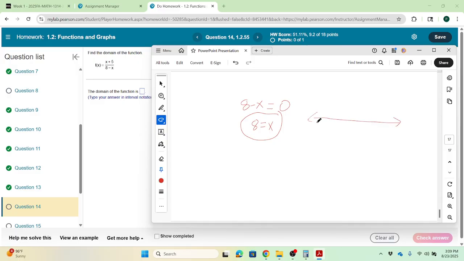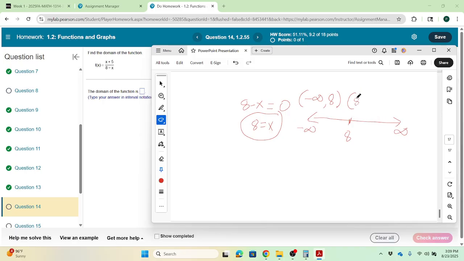So how do you write it in interval notation? Initially this is supposed to be the domain, but you are not allowed to pick 8 from here. So you start from negative infinity, you go up to 8, and you use the parenthesis. Parenthesis means do not include 8, and then you pick anything from the right side of the 8.